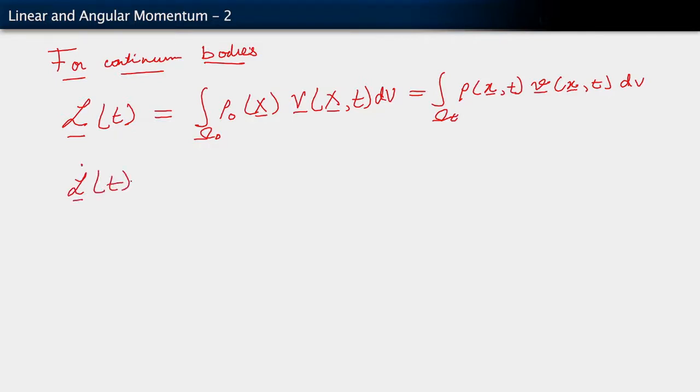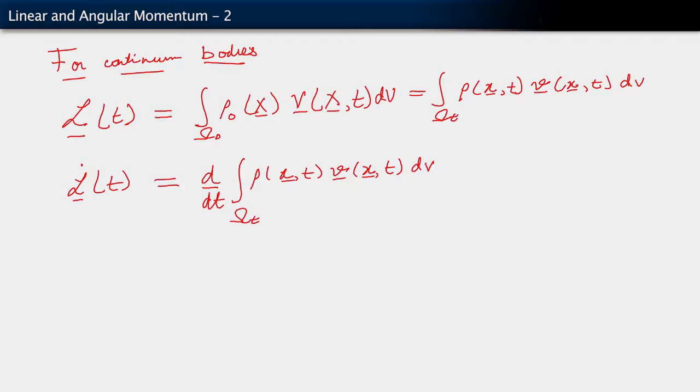Okay, now we're going to use our current configuration to make our arguments mathematically here. This means that we want to calculate d dt of the integral over omega t. Now here is our first use of our Reynolds transport theorem in the derivation of balance laws.